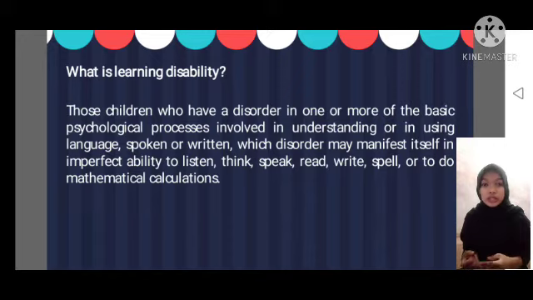In practice, LD is a category of underachievement, and students with LD are identified based on chronic and severe academic difficulties.